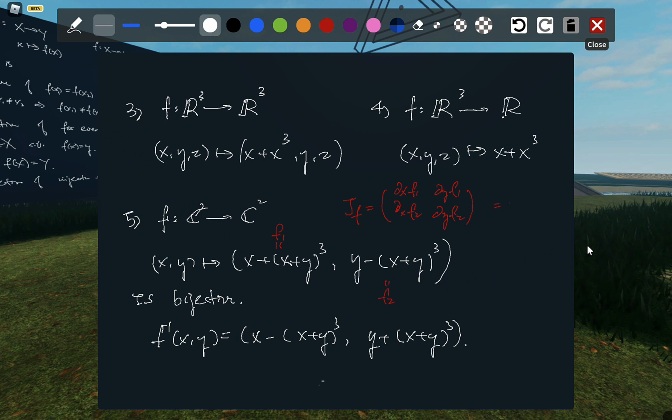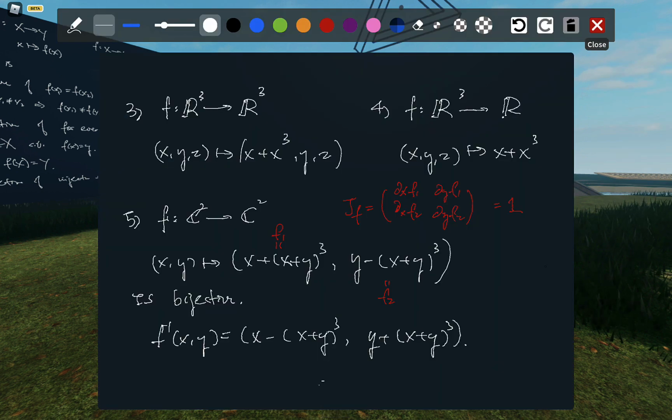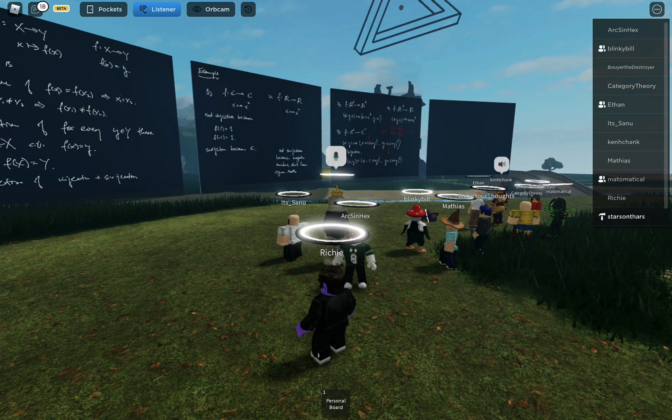You actually find that the determinant is equal to 1. Okay, so the Jacobian conjecture says that you have a polynomial map, where... Oh, yes, sorry. Yes, determinant is 1. Thanks, Dan.